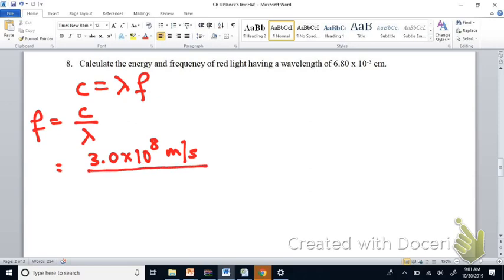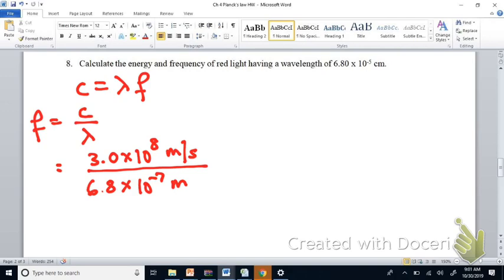Now, again, I'm given the wavelength in centimeters, so I need to convert that to meters, which will be 6.8 times 10 to the minus 7 meters. If you cannot do that in your head, you really need to work on your unit conversions, because there are 100 centimeters in 1 meter.